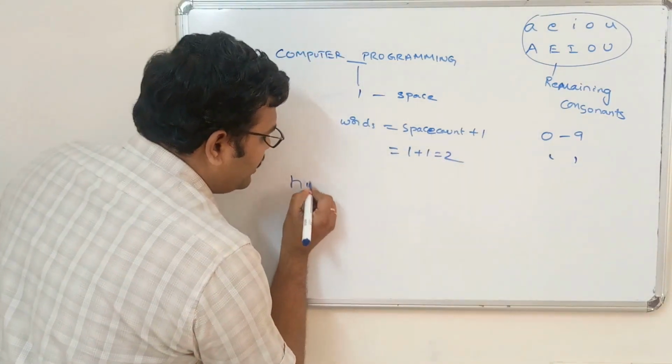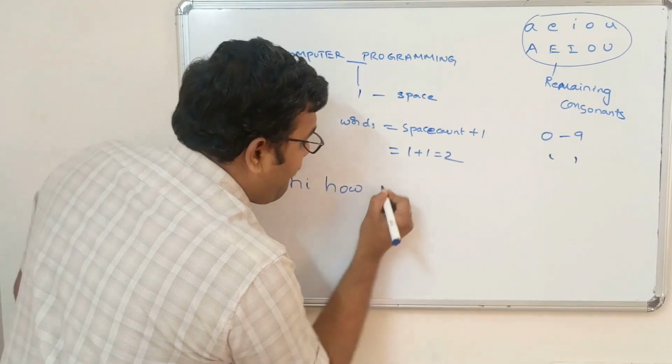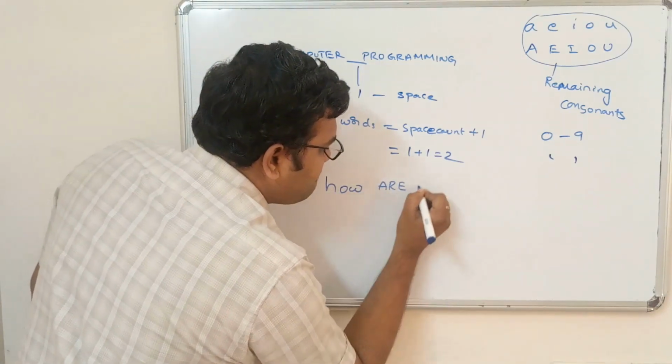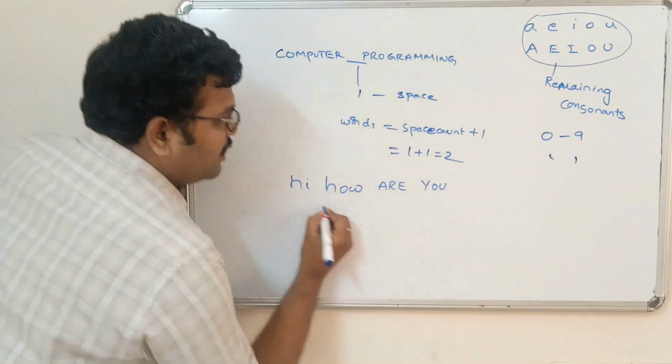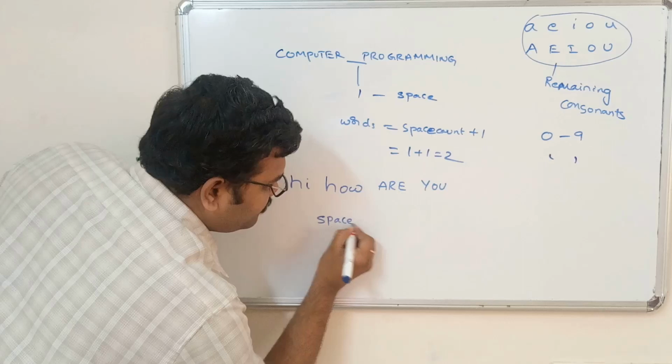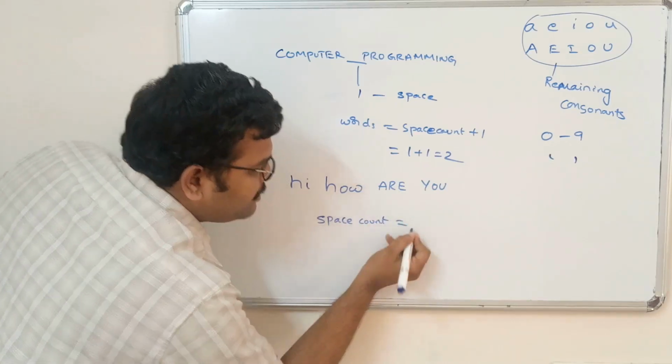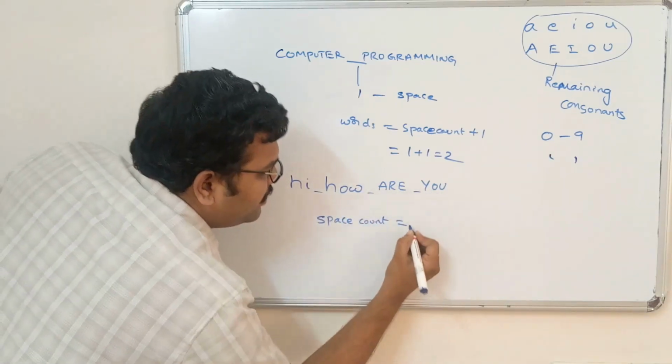Let us take another example: "Hi, how are you?" Here, for the space count, by seeing we can say the space count is 1, 2, 3.